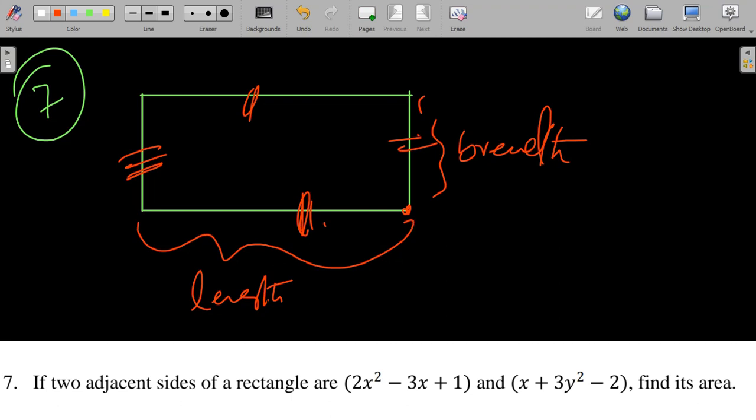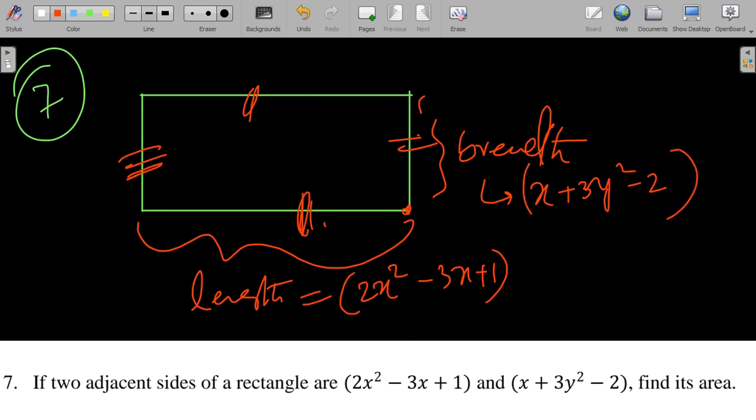Suppose the first one is given as the length, 2x square minus 3x plus 1, and the next one is given as the breadth, x plus 3y square minus 2. Then they have asked us to find the area. Now I hope all of you know the formula for area. Area is equal to length into breadth.